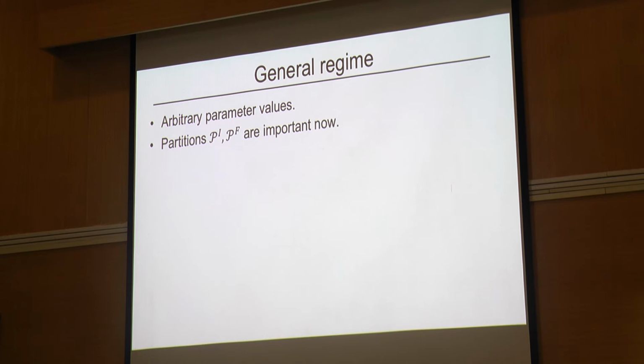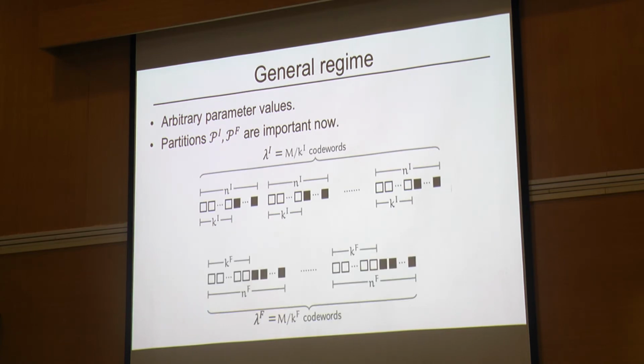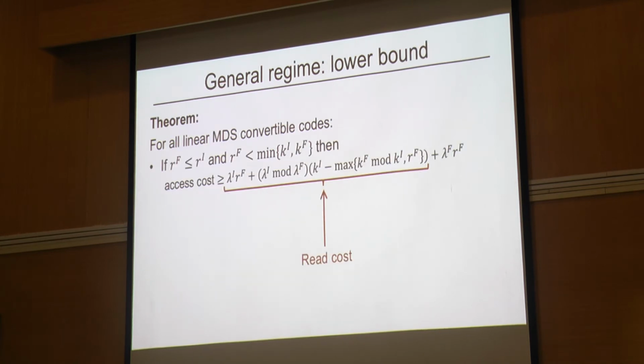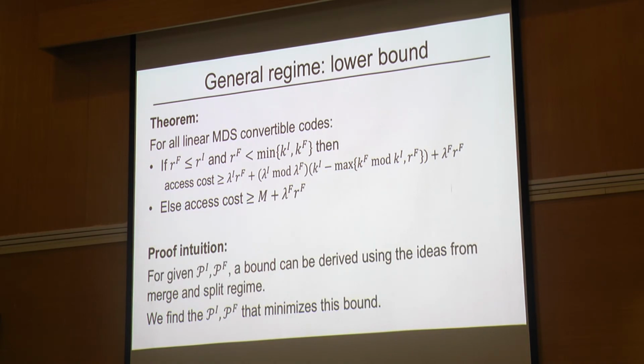So here, partitions Pi and Pf turn out to be very important. So in fact, when we are going from this initial number of codewords to final codewords, we have lower bounds on access cost. I'll not go through the details, but the key turns out to be the designing of these partition functions.